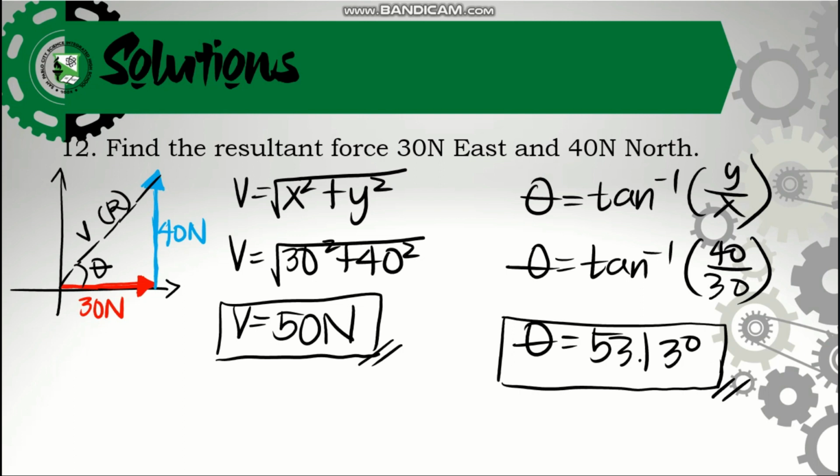So, may nagtatanong, absolute value ba dapat yung angle? Since in my class, I'm just asking for the true angle of the diagram. That's why it's 53.13 degrees. Or in some cases kasi meron nagkakaroon ng negative. Pag negative siya, ibig sabihin ay clockwise ang ikot.